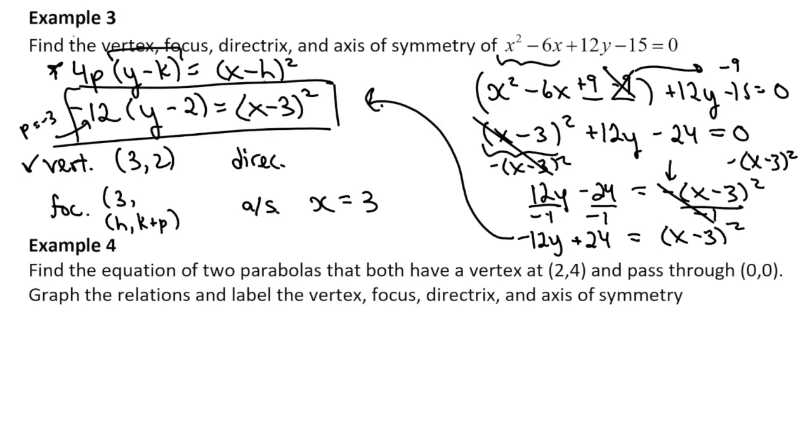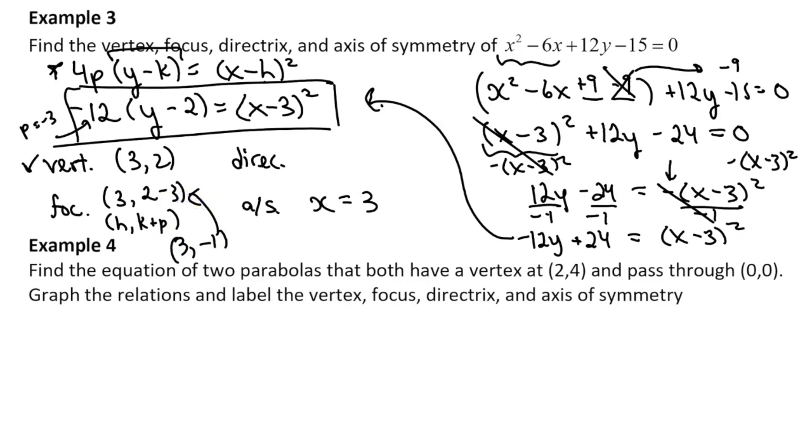So the focus would be at, we said that the y value was at 2, and then I'm going to go up p units, and so if p is -3, then it would be (3, 2 minus 3), and that would give me the point (3, -1) for my focus right here.